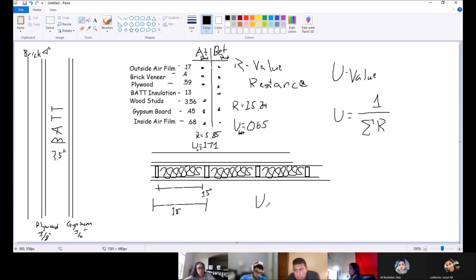So your U value weighted average would equal the ratio 1.5 over 18, right?